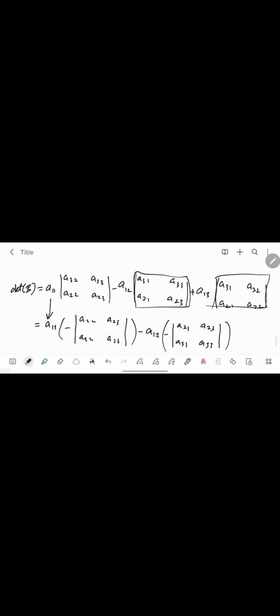Again, the last element is, if I again swap this row with this row, I will again get negative A21, A22, A31, A32. Okay?